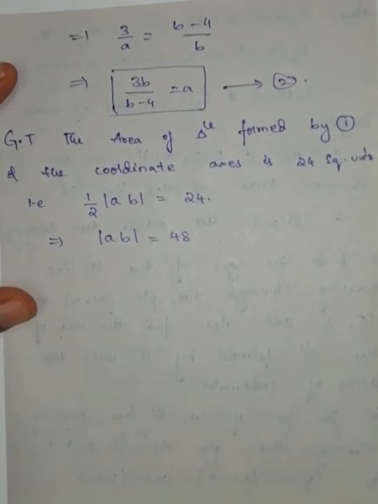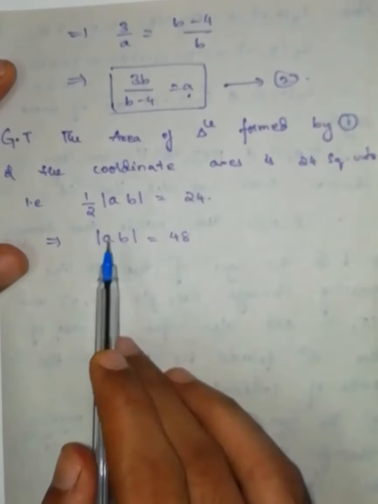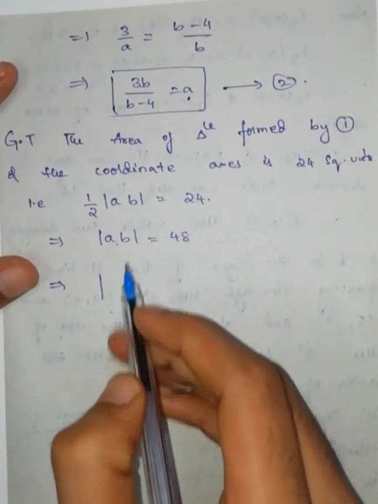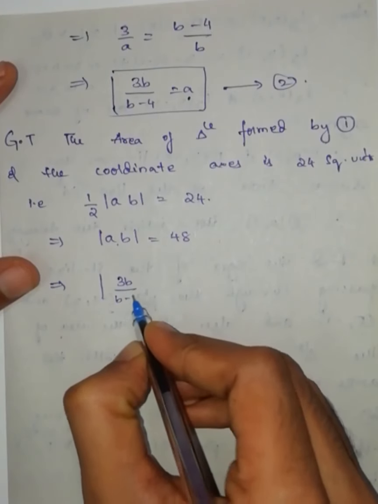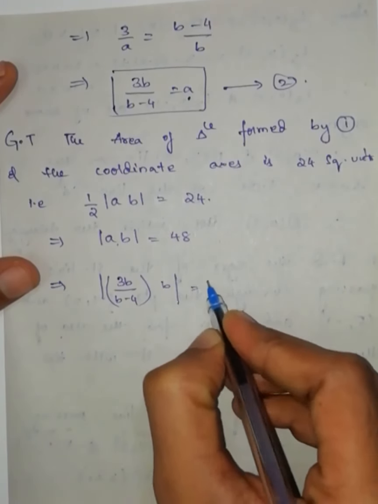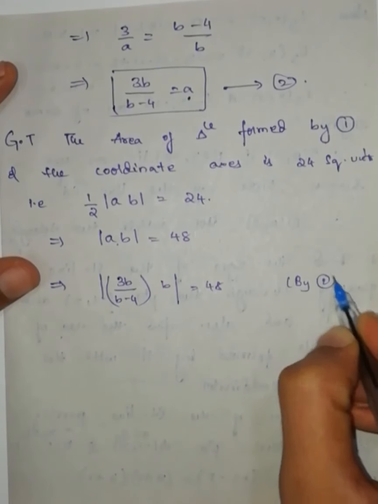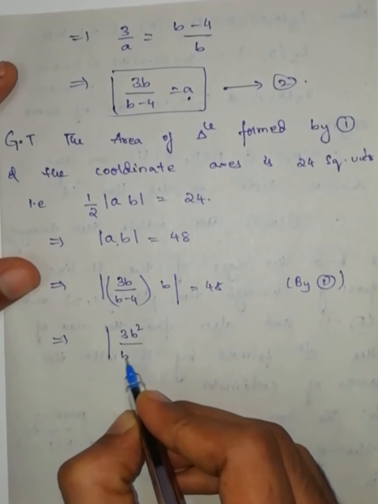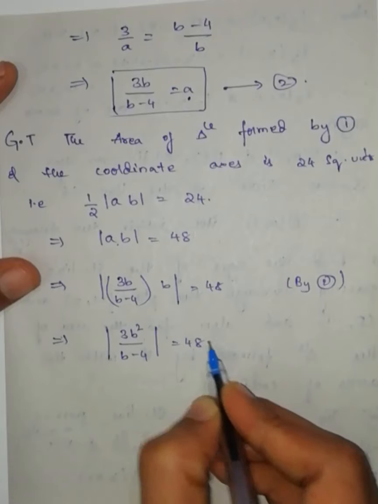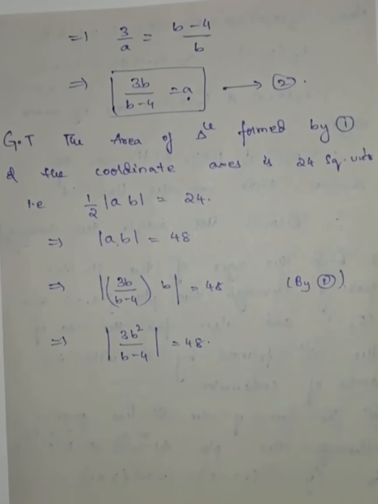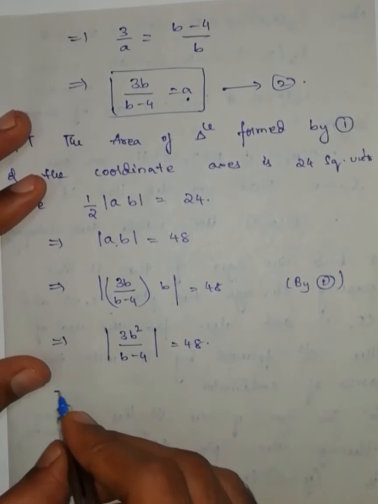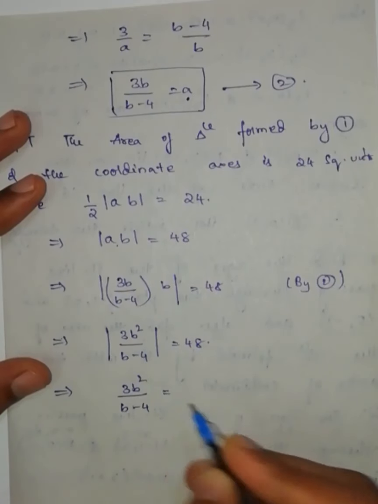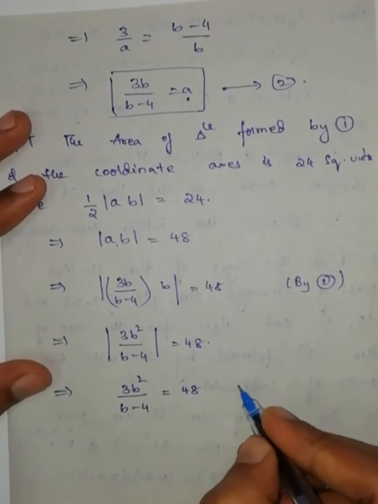Now I am substituting this a value here. This implies modulus of 3b by (b minus 4) into b is equal to 48, by equation number 2. This implies modulus of 3b square by (b minus 4) is equal to 48. Therefore, this can be written as 3b square by (b minus 4) is equal to 48.